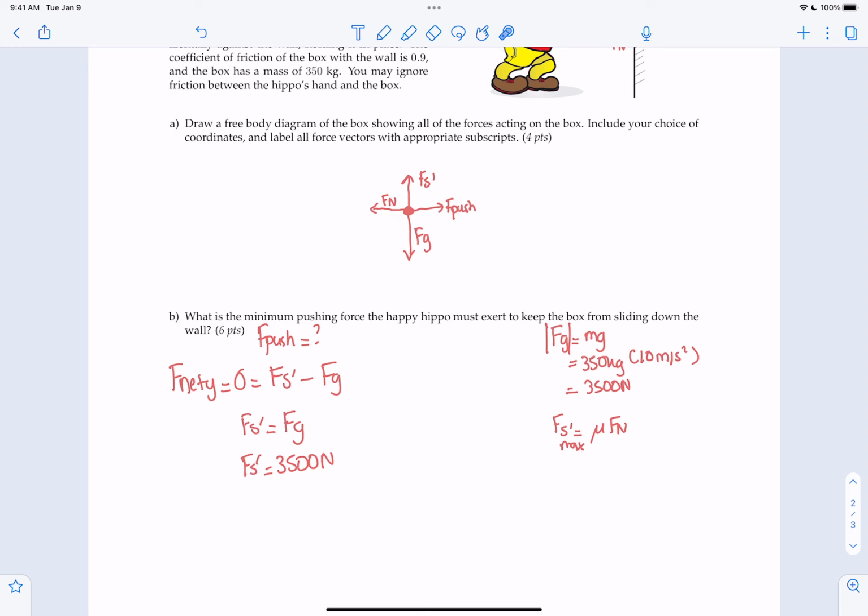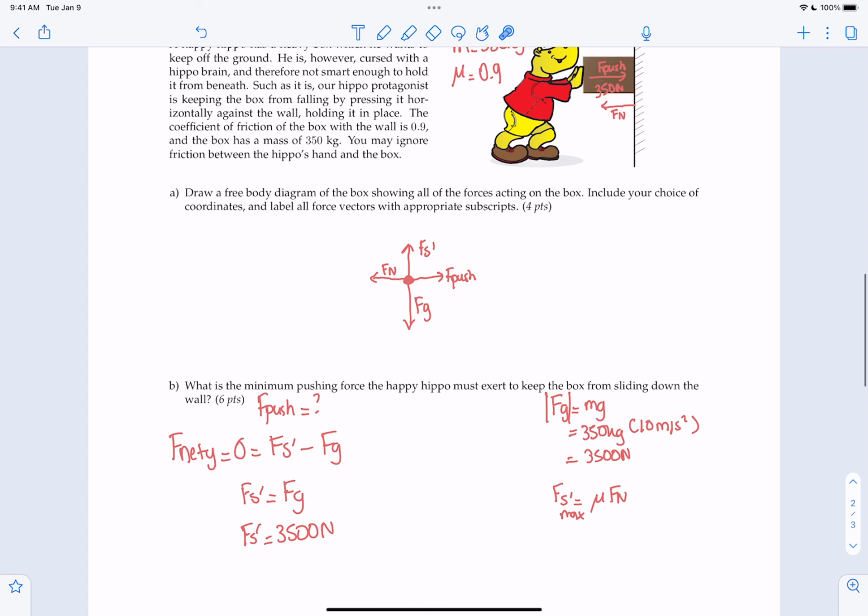So if Fs was bigger than the force of gravity, that's kind of a weird question, because in that case, you would have a net force in the Y direction, right? Yes, in that case, the object would be moving, and so it wouldn't be static friction anymore.